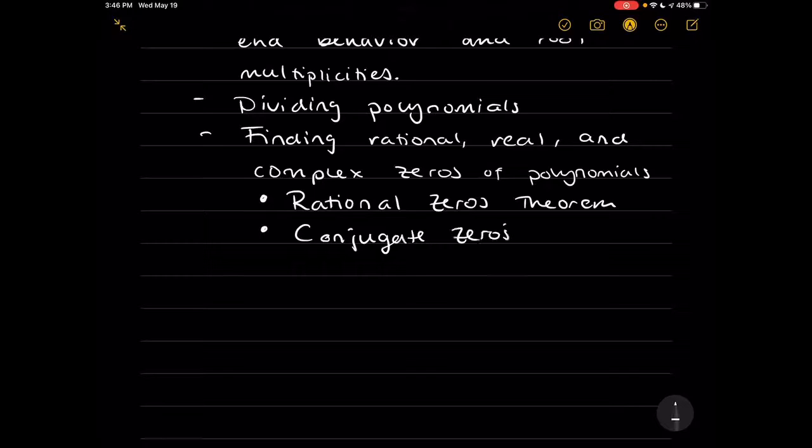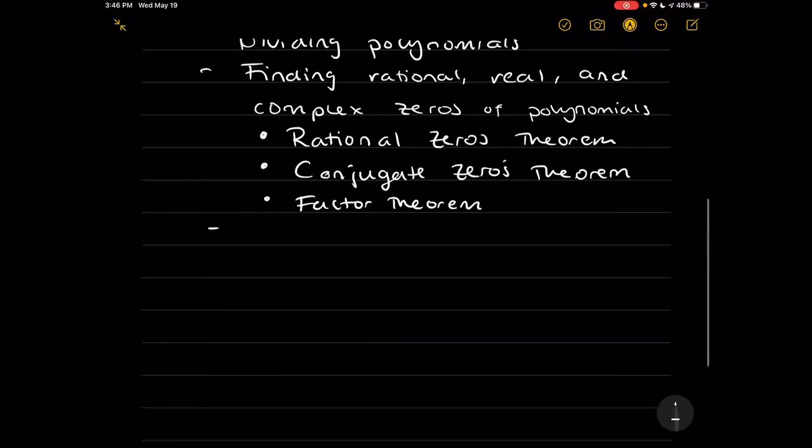The first one is the rational zeros theorem. Very important. Another one that we also kind of looked at was the conjugate zeros theorem. And we also talked about the factor theorem. There were a couple others, but these were the main ones that we've been using.